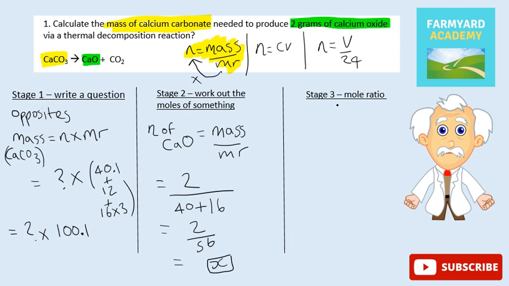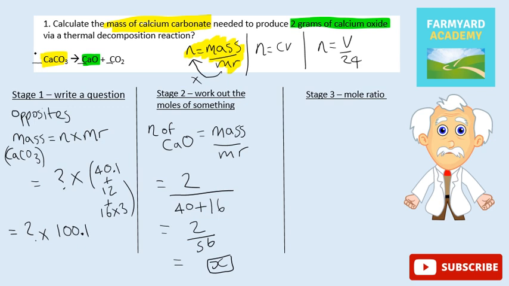And then stage 3 is to do a mole ratio, and the mole ratio is just the big numbers in front of the substances. At the moment, if we look at our equation, we've got no number in front of calcium carbonate, none in front of the CaO, and none in front of the CO2.